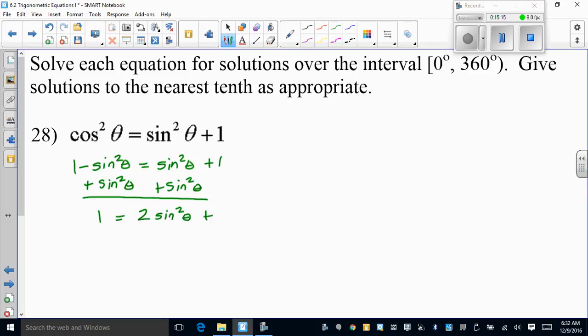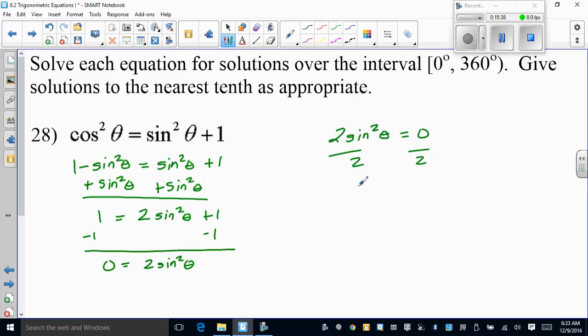Subtract 1, and I get 0 equals 2 sine squared of theta. Divide by 2, I still have sine squared of theta equals 0. And this occurs at 0 and pi, but we want it in degrees. So 0 degrees and 180 degrees is when this occurs.